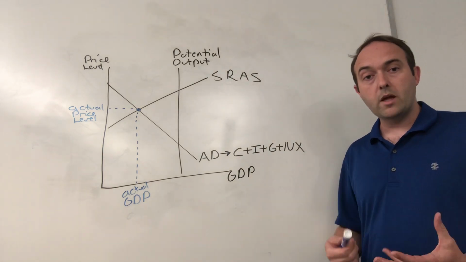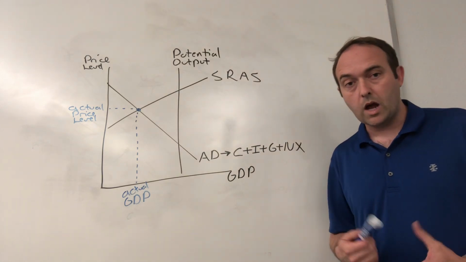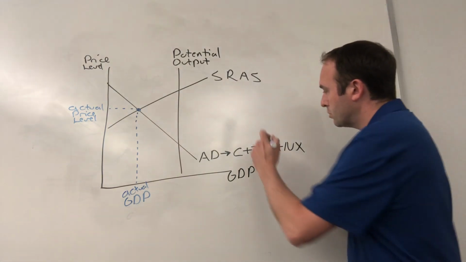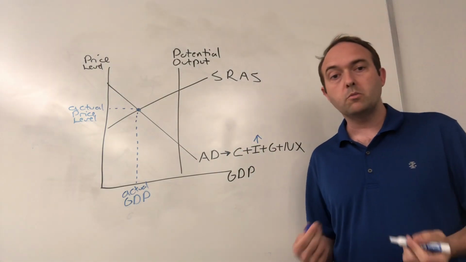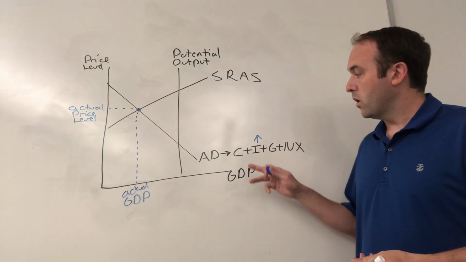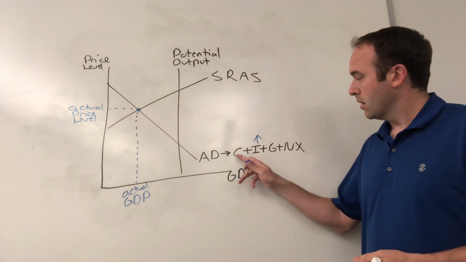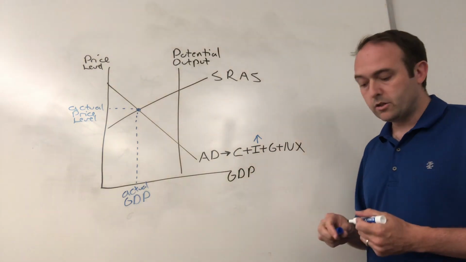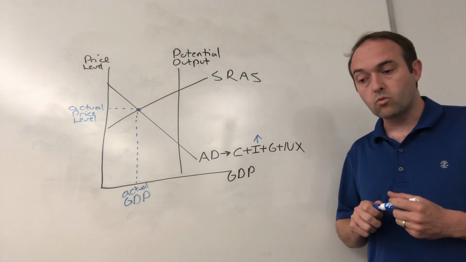So an expansion of the money supply is going to have lots of effects in the economy, but one in particular is you're probably going to see an increase in investment expenditures. Now, because investment expenditures is one of our components of our aggregate demand, if that gets bigger and nothing else changes, aggregate demand is going to shift to the right.